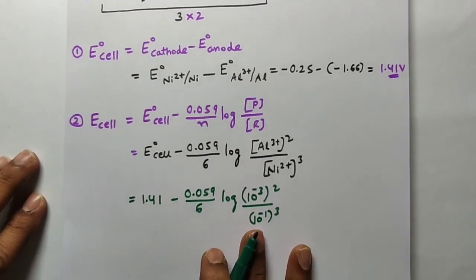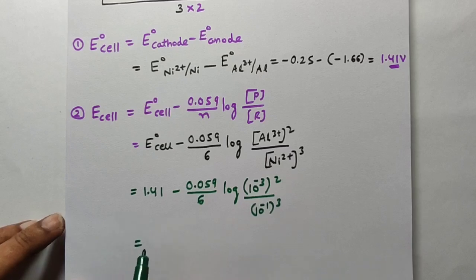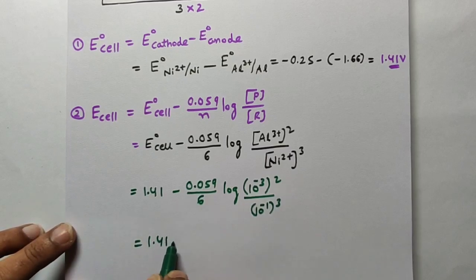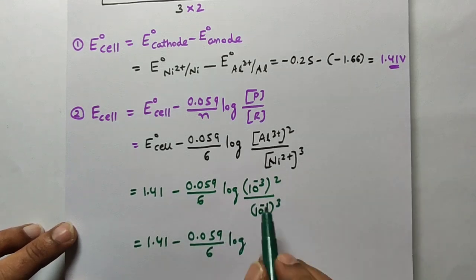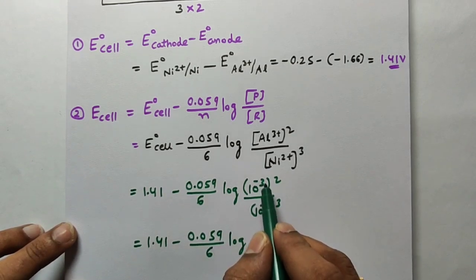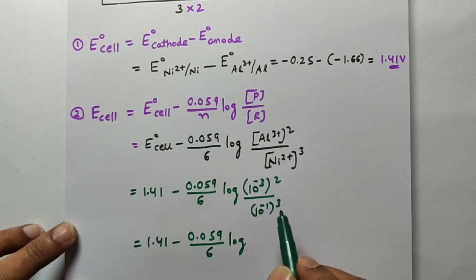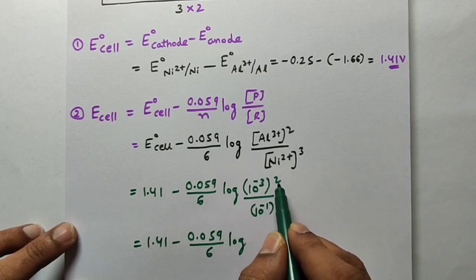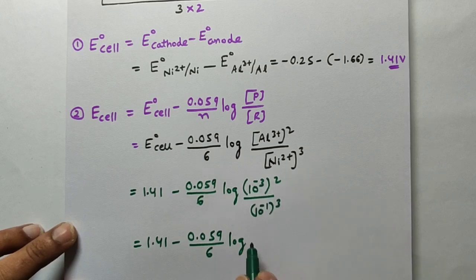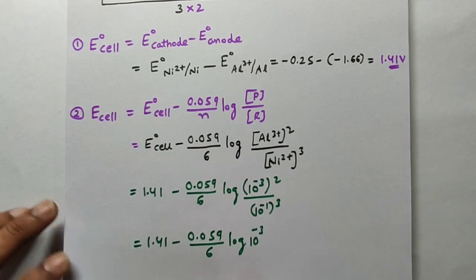Next step: 1.41 minus 0.059 divided by 6 log of 10 power minus 6 over 10 power minus 3. Minus 6 plus 3 gives log 10 power minus 3.